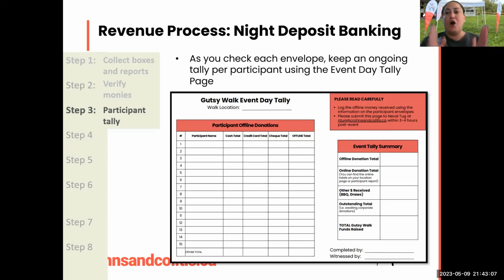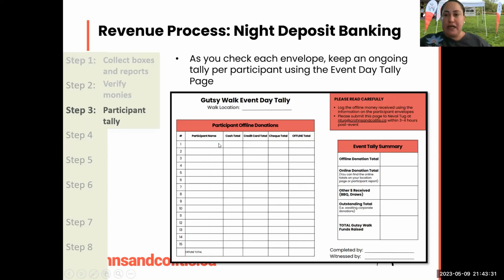This is how many participants submitted offline donations: cash, check, credit card. So you are entering the participant name from the verification envelope, not the donor name, how much they submitted, and the total.